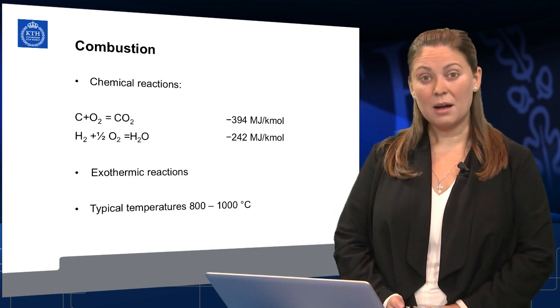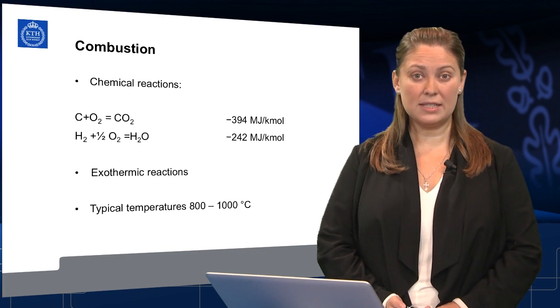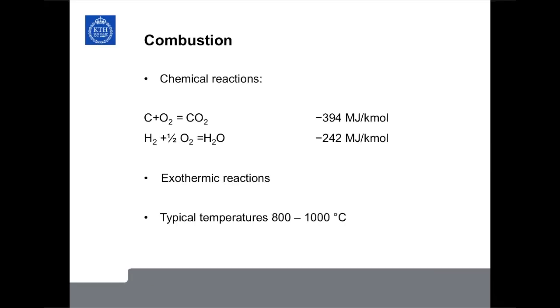Chemically, combustion is a complete oxidation of fuel. Biomass mainly consists of carbon, oxygen, and hydrogen. So here we can see two main chemical reactions: oxidation of carbon and oxidation of hydrogen, with carbon dioxide and water production.